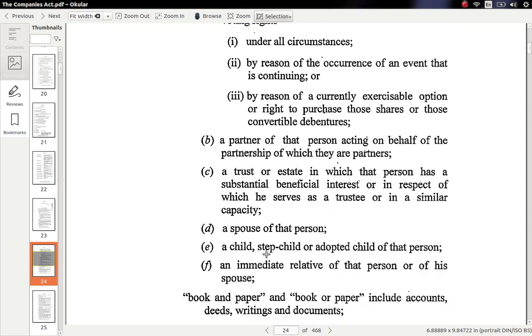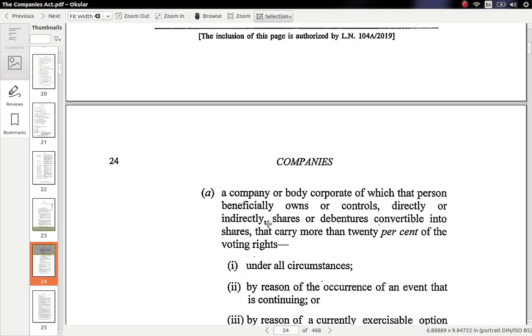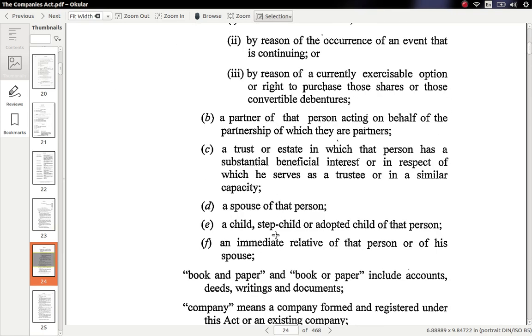Also, the associate can be a spouse of that person, can be a child, stepchild, or adopted child of that person, or can be an immediate relative of that person or his spouse.